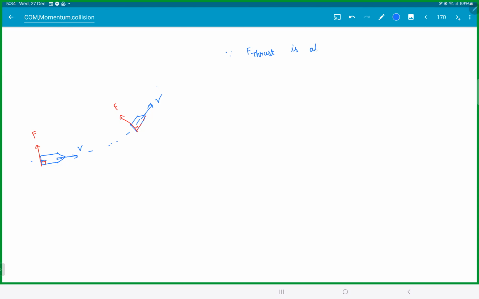Since F thrust is always perpendicular to V bar, speed will remain constant. When you apply force, velocity should change, and that can happen by changing direction also. So this is a special case where the direction is changing, where the speed is constant.